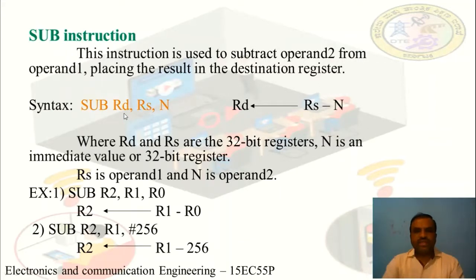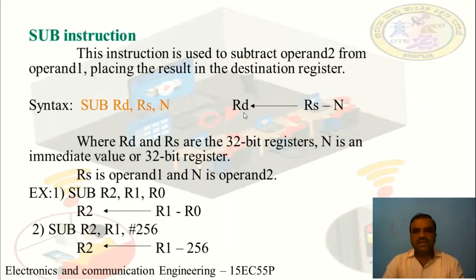The destination register and operand 1 must be 32-bit registers. Operand 2 may be an immediate value or a 32-bit register or a shifted operand. When the processor executes this instruction, it will subtract operand 2 from operand 1 and the result will be stored in the destination register.